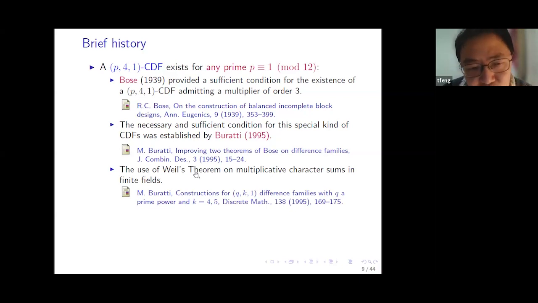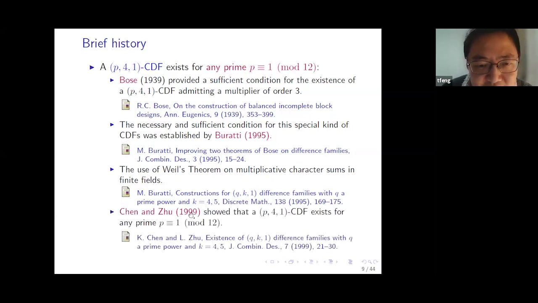The tool he used is the Weil theorem on multiplicative character sums. Using these tools, he could show that for sufficiently large prime p, with p is 1 modulo 12, a (p,4,1) CDF always exists. And in 1999, because Buratti just mentioned when v is sufficiently large, so how about the lower cases of v?